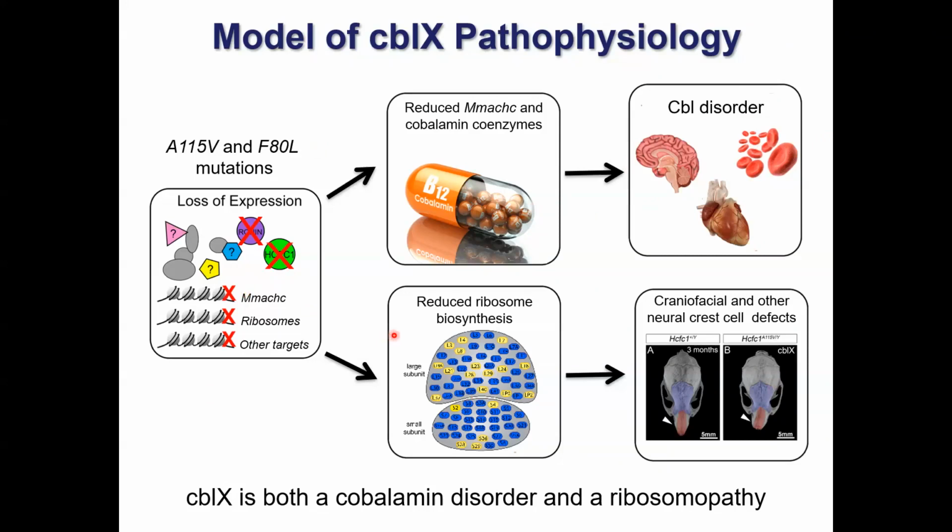So as you can imagine, this changed the way that physicians treat patients. Okay, so currently the main treatment is cobalamin supplementation. So they give patients B12, vitamin B12, but it's actually not very effective in many patients.